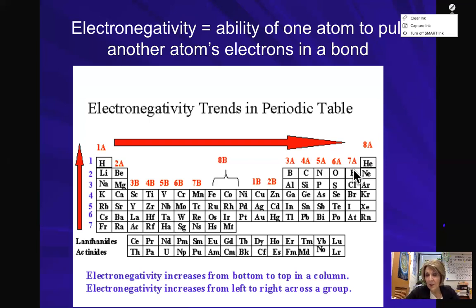What's fluorine going to do? Well, fluorine is going to rip off francium's electron, because if it does, then it can get to the noble gas electron configuration of neon, as we saw. So it becomes fluoride, which is -1. And francium, what happens to francium? Francium gets its electron pulled off, but it's like, fine. That's the best thing that could ever happen to me, because now francium is going to become a +1 ion, which has the electron configuration of radon, right?